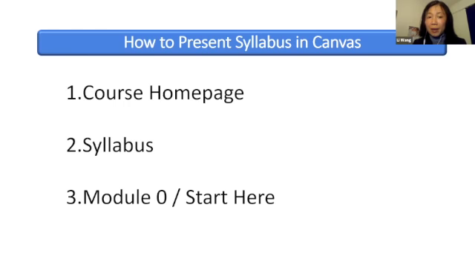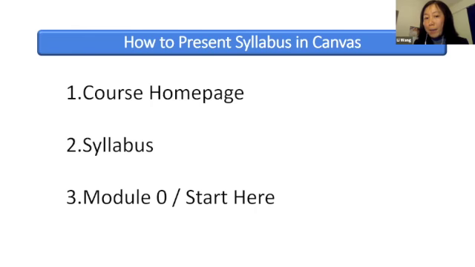Actually, the best practice for presenting your syllabus in Canvas is not just uploading that 15-page Word document or PDF document for students to download. It is a must that we provide that hard copy download. And also it's highly recommended that we present the syllabus in other ways as a way to emphasize and communicate with students.